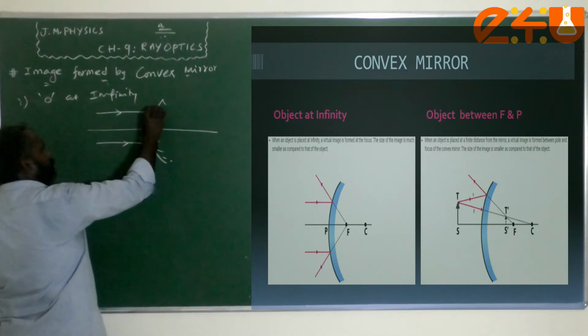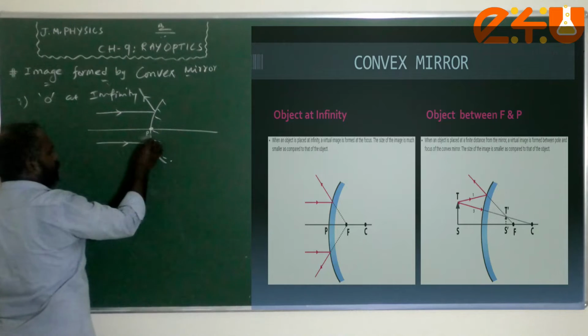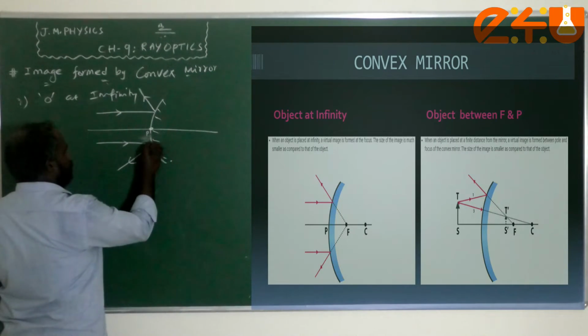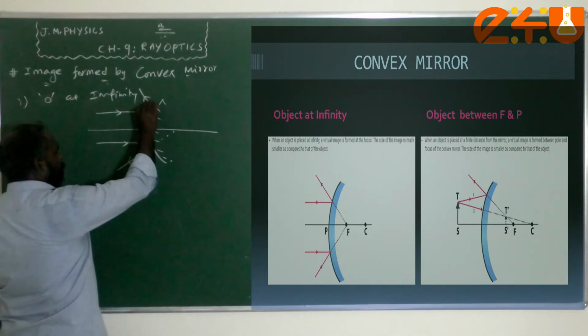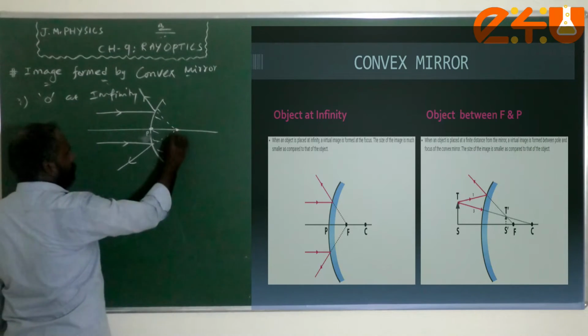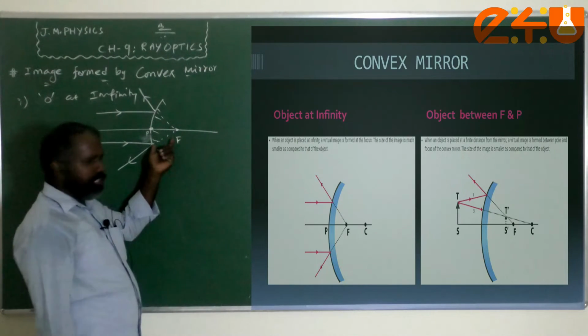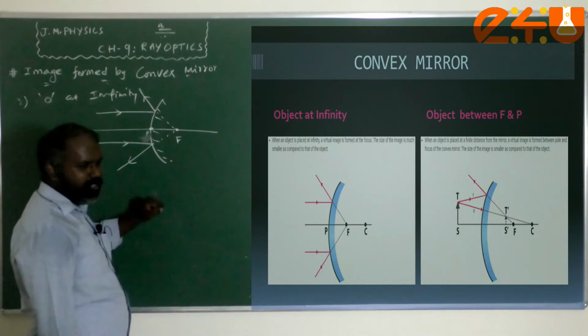After reflection, the virtual image is formed behind the mirror, so you extend these reflected rays and they appear to meet behind the mirror, and this is the position of the image formed by the convex mirror.